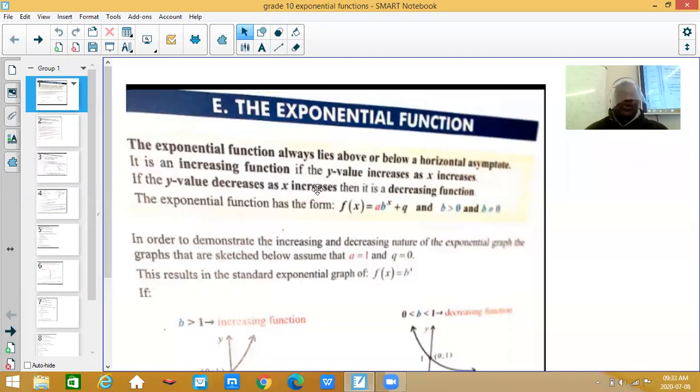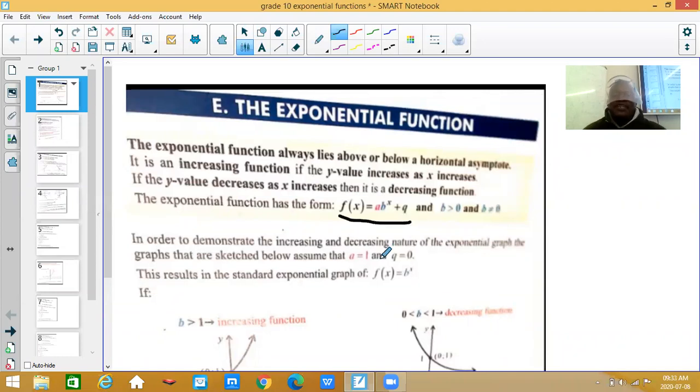Now we are going to look at the exponential function generally. It has this format: f(x) = a·b^x + q, where b is greater than 0, and b must be different from 1.